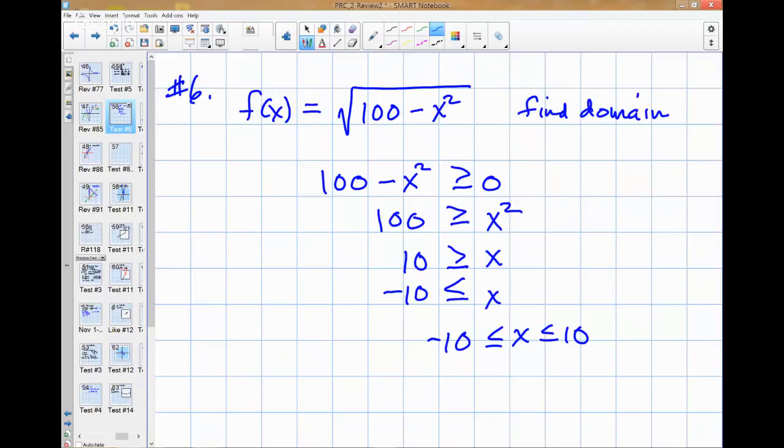Do you see why I did this? When you take the negative square root, you have to reverse the inequality sign. So what I found is x has to be between negative 10 and 10, inclusive. And if you want interval notation, that would be.